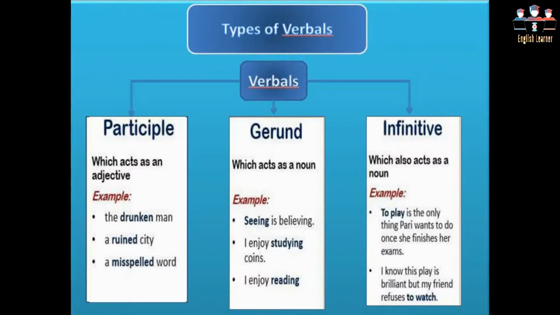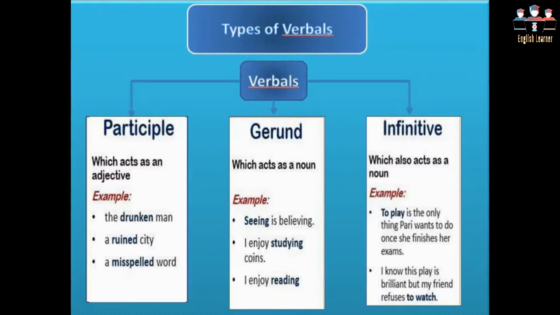The second category of verbal is the gerund. They act as a noun, and examples are here. Seeing is believing. Seeing in this example is acting like a noun as it is used in place of the subject. Example number 2: I enjoy studying coins.